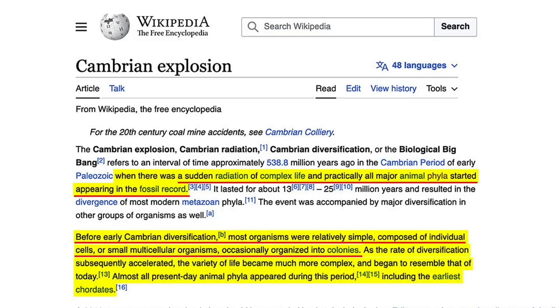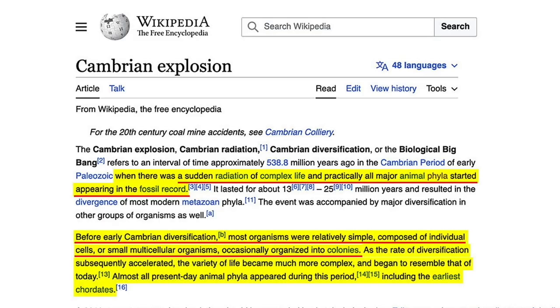This is not a creationist claim, and it is the biggest conundrum in geology and fossils and paleontology because it doesn't fit their model. It just doesn't fit. And it says, before early Cambrian diversification, most organisms were relatively simple, composed of individual cells or small multicellular organisms, occasionally organized into colonies.